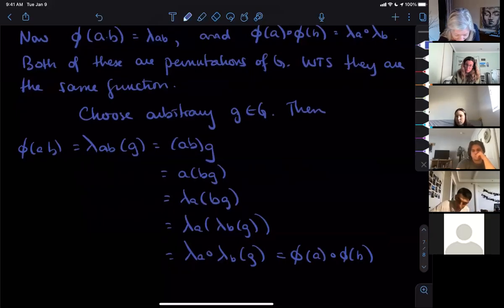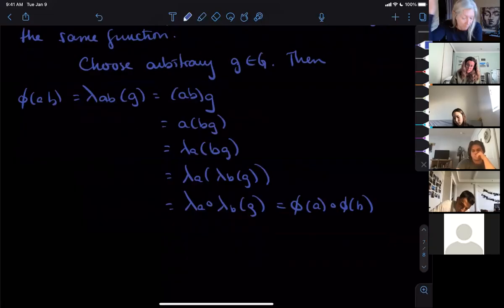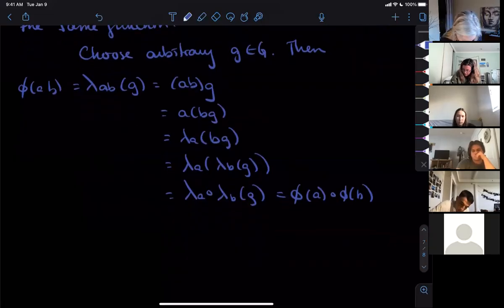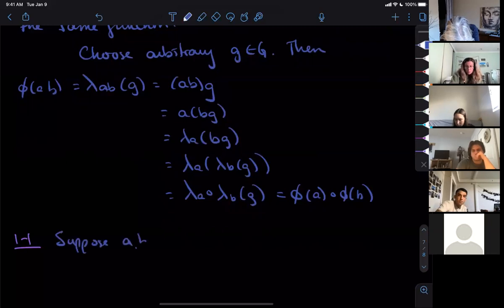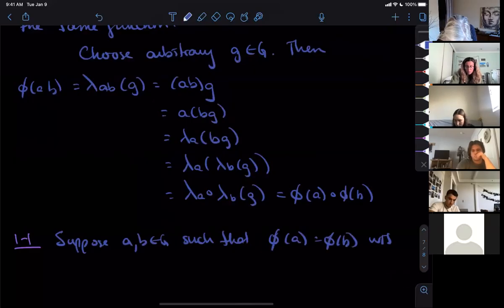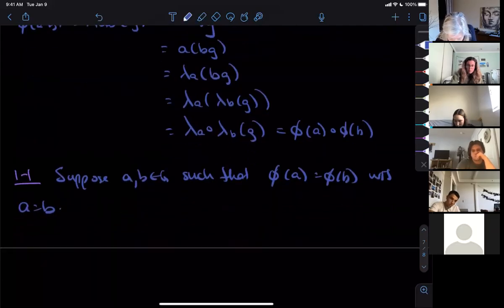Okay, in just a few more seconds, since this is a whole lot of infrastructure to bring up, I'm just going to say something about the one-to-one. Suppose two elements A and B of G are such that phi of A equals phi of B. Want to show A is B. That's just the definition of one-to-one.